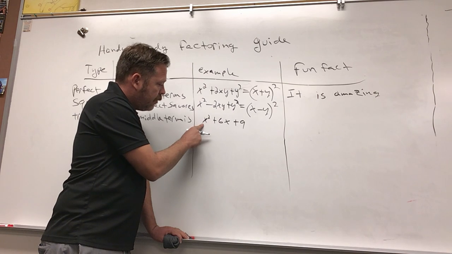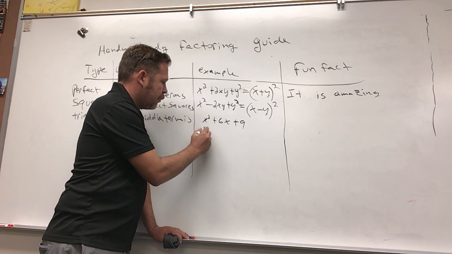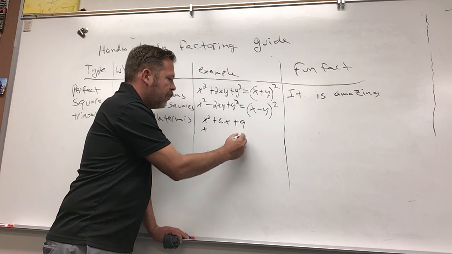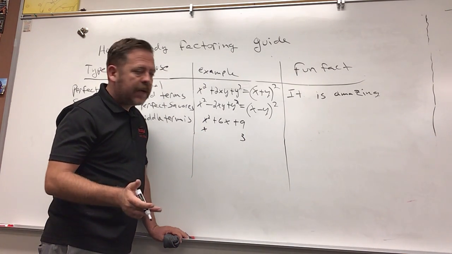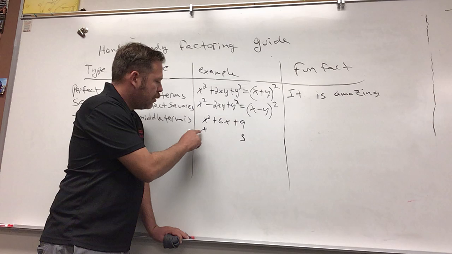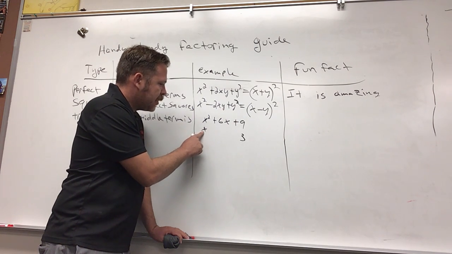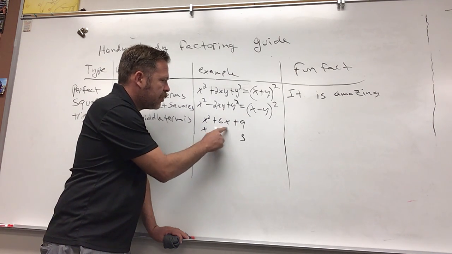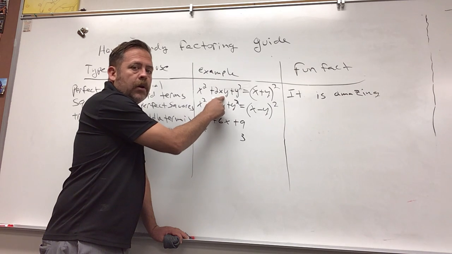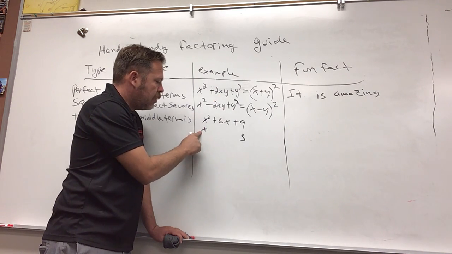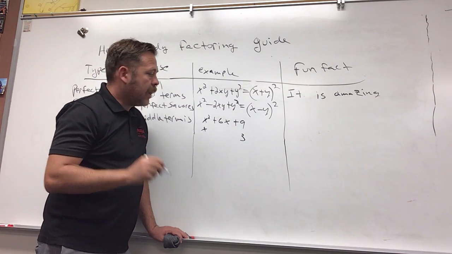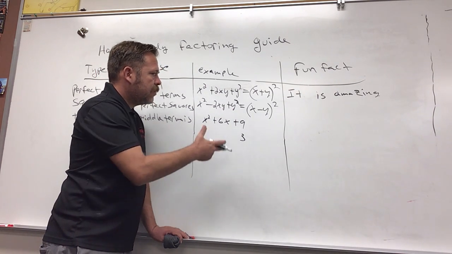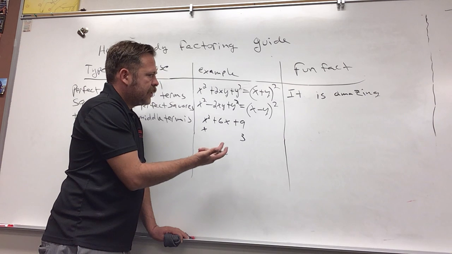Now the third and final check to make sure you can use this method is 2 times x times 3 equals 6x. We need it to equal 2xy. So 2 times x times 3 is 6x. So this checks out.